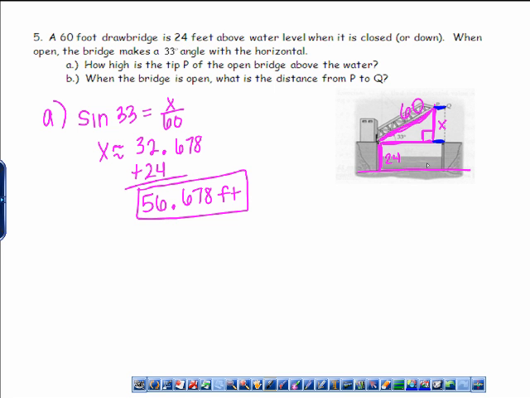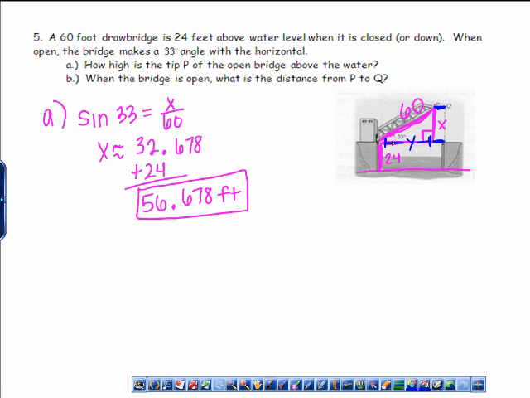I want to know the width up here. So I'm going to put a Y, and this Y that I'm dealing with is just from here and stopping right there.